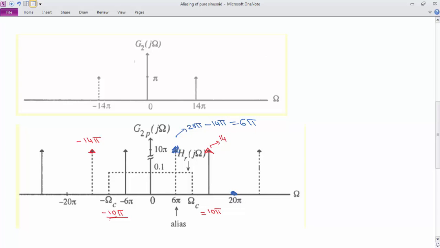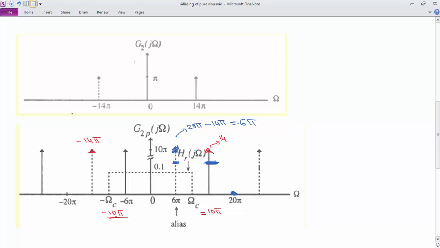So it will actually fall within your low pass filter region. This was your true frequency, and this is like it folded onto a lower frequency. The folding phenomenon is happening because of the copy at 20 pi region.